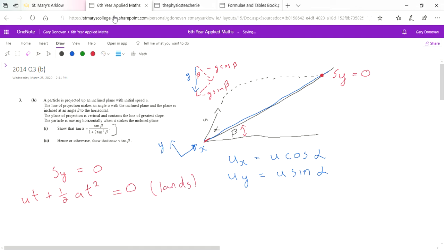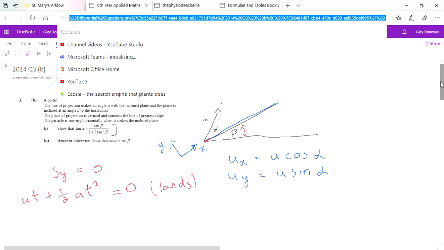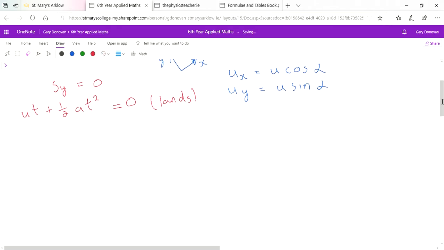But we need to put in our new components for velocity and for acceleration. So our component for velocity is going to be our velocity in the y direction, which is u sine alpha t minus a half g, and what was our component in the y direction there?